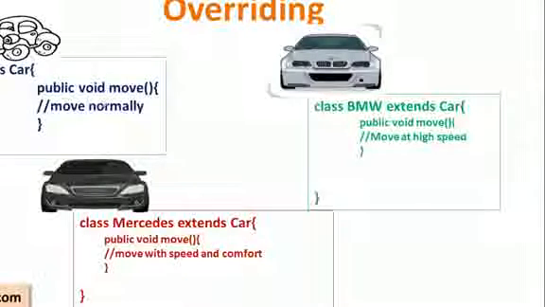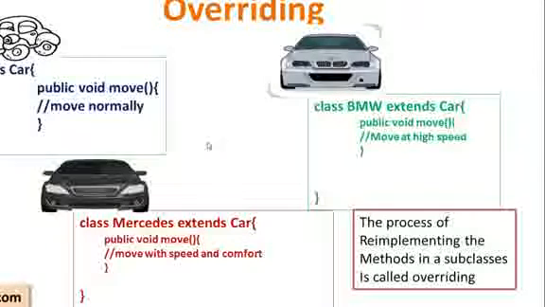If not, it will also look for the car superclass. If one exists, then it'll execute from that class. So overriding is about giving an opportunity to implement a better functionality. So it is about re-implementing the methods in subclasses.